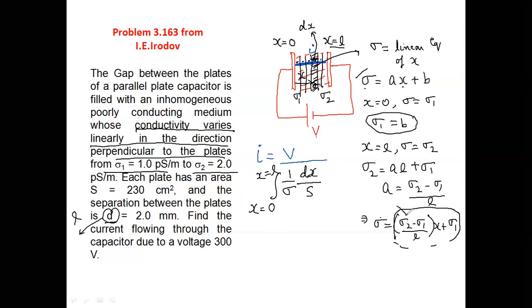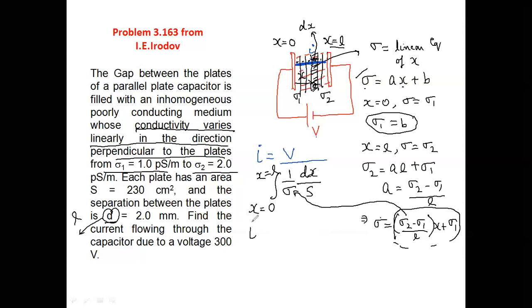You have to bring this equation of sigma inside this integration, and when you perform this integration after putting this sigma here, you have to perform integration in the denominator part. In the numerator part, you have capital V.